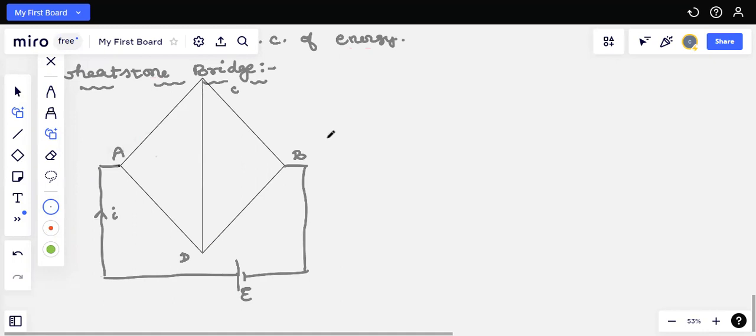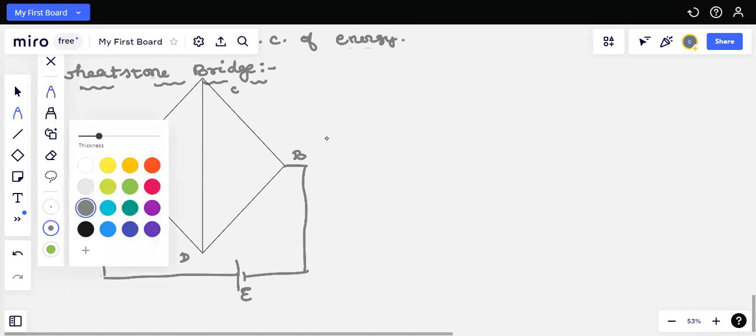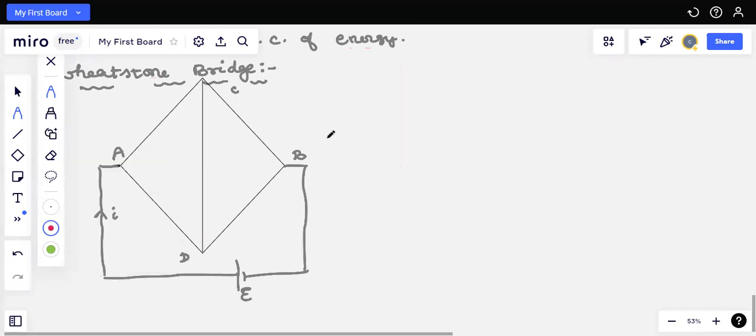Yes, very good. Then here, we are going to take some resistors across, not across, at the sides. Here, 1, 2, 3, and 4. There we took capacitors.